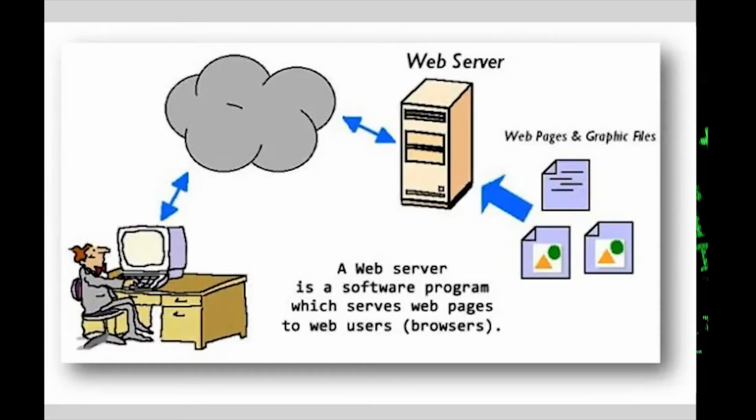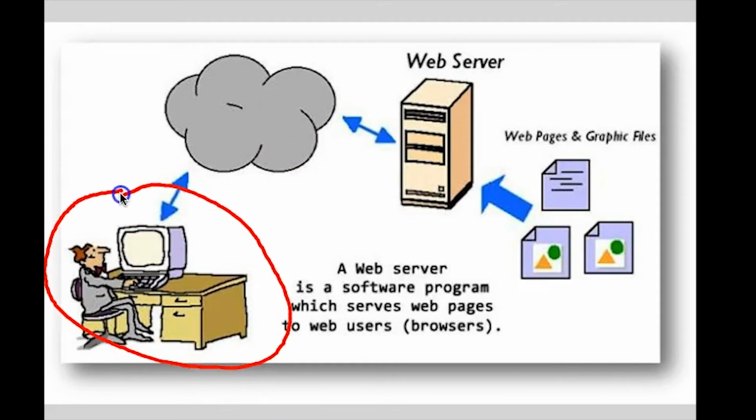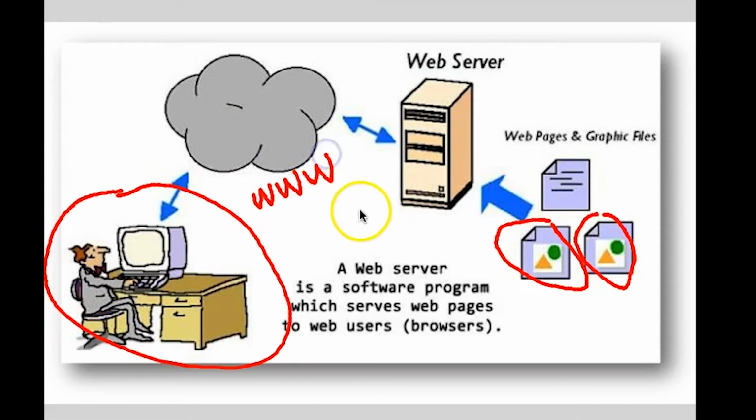If I may describe this in simple language, a web server is a technology that allows your audience or users to access your files. So this user wants to access one of your files, or an image, right? And they have to go through the cloud, which is the www, World Wide Web. Of course, it's the internet, right?